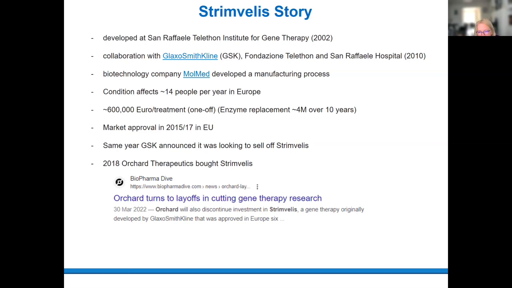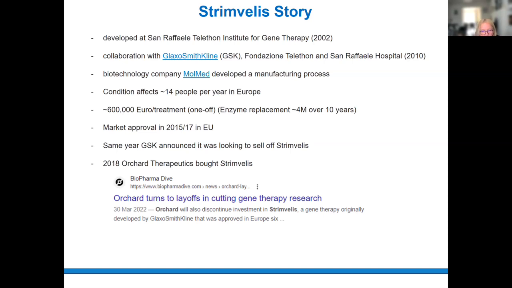There were financial issues, and they would discontinue investment into Strimvelis. So now you have a situation where a very successful drug that really cures babies and children who would otherwise not live was not available anymore.